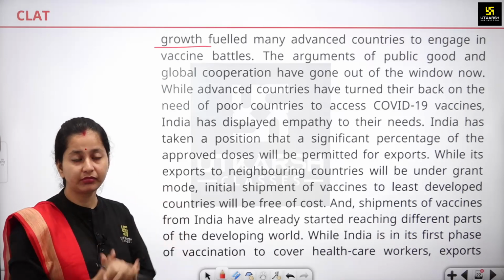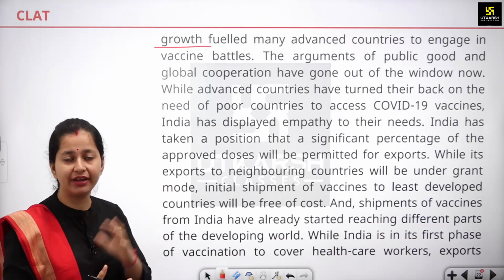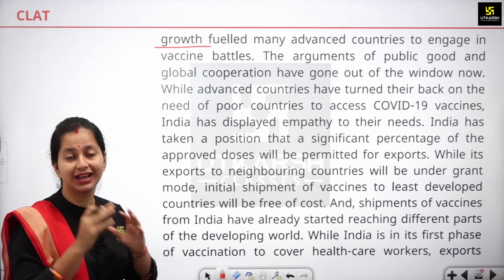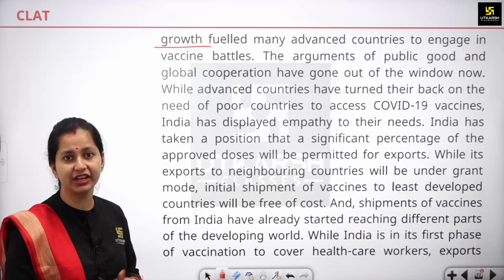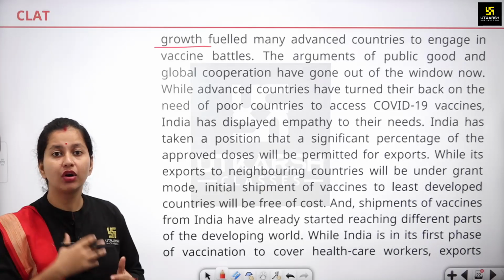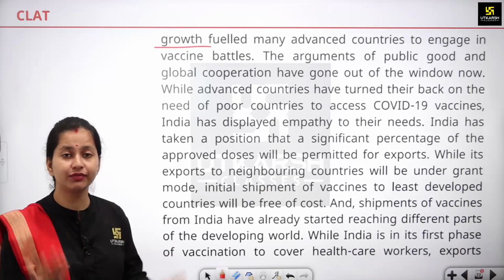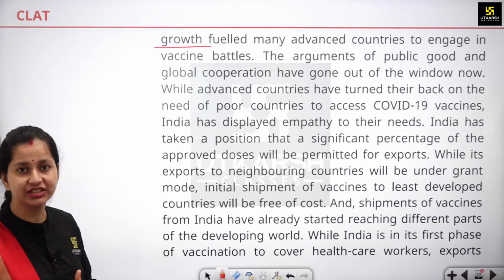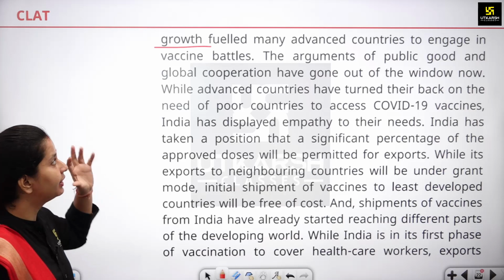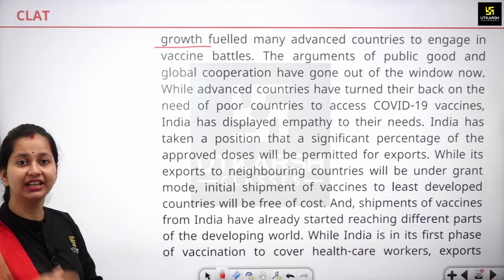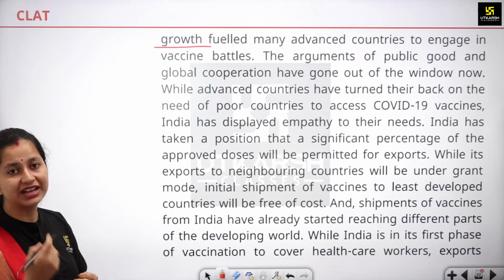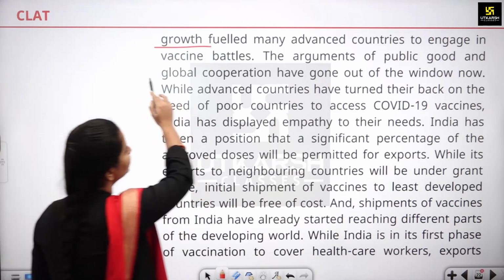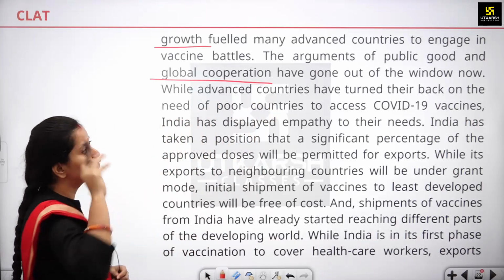Because they want to revive their economy, and shield their nation from COVID, they want enough vaccine in their country to have vaccine security for its citizens. But it is saying that because of this, there is actually a vaccine battle going on, and the arguments of public good and global cooperation have gone out of the window now.